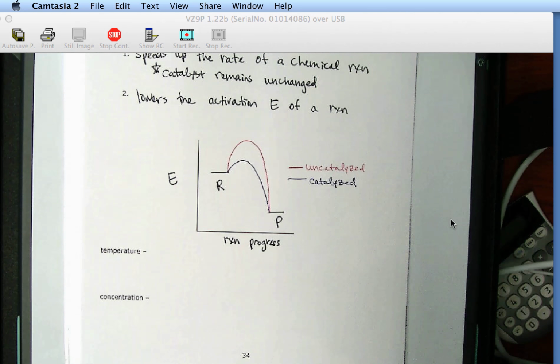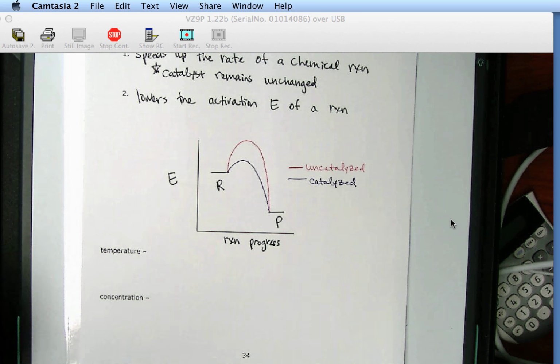Is this an endothermic or exothermic reaction? So look at the reactants and the products. Is it a big hill to go? Do you have to go up or do you go down? Just up and down. So over a little bump and then down, it's exothermic. If you have to go up a huge hill, then it's endothermic.